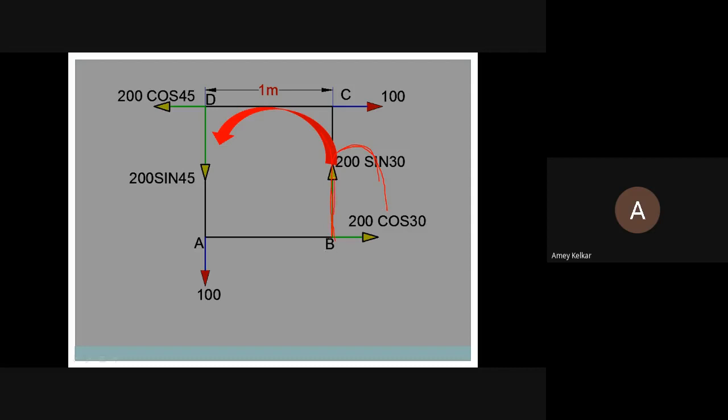So it will go up straight, and then decide from here. I cannot turn this way, because I'd trace back the same path. So I have to go ahead, move, and go towards A. This will be anti-clockwise. So this force also is anti-clockwise, and only the 100 force was clockwise.